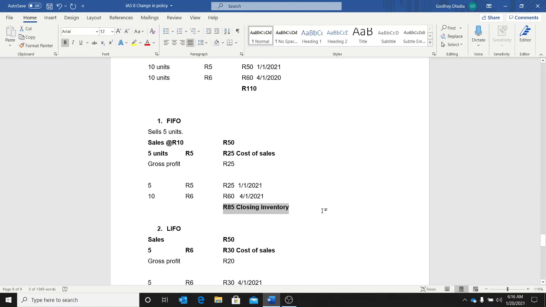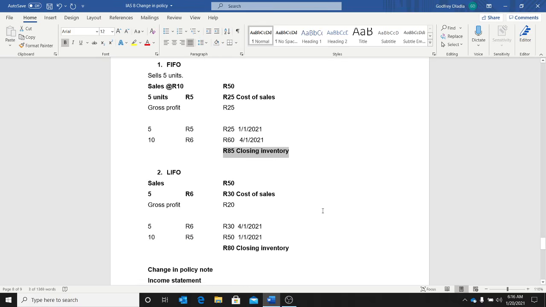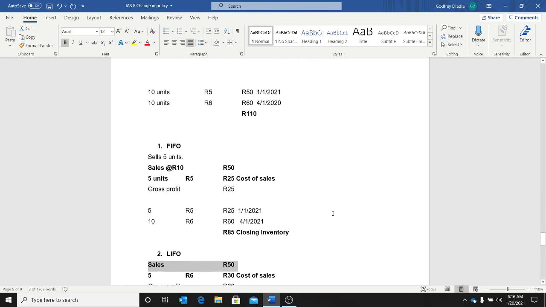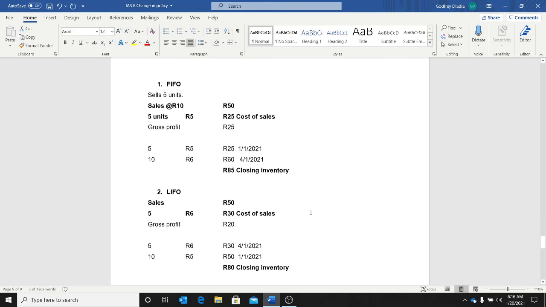Now, what then happens if you are using last in, first out? All right. If I'm using last in, first out, my sales will still be 50 rand because I'm selling 5 at 10 rand. Okay. But now, they are saying the last ones that were in are the ones that you must sell first. So if I sell 5, I will sell 5 from the ones that were at 6 rand.